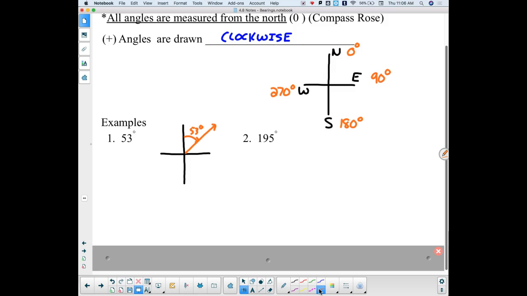In terms of a reference angle, that would be a 37-degree reference or trig angle.